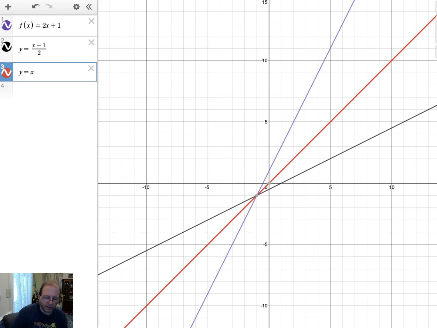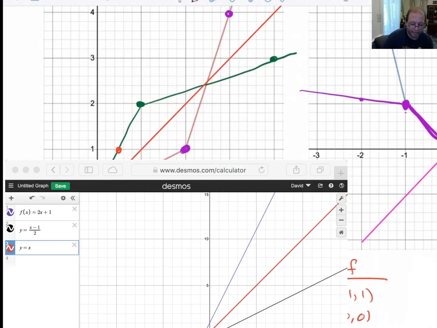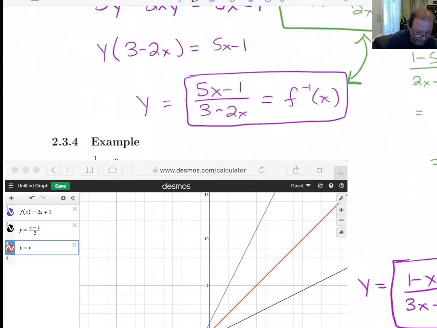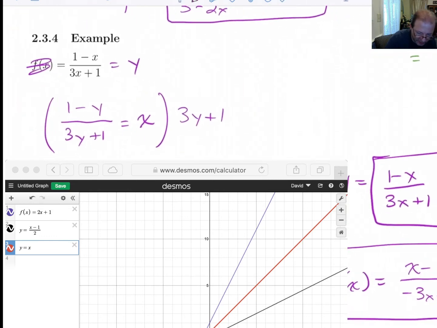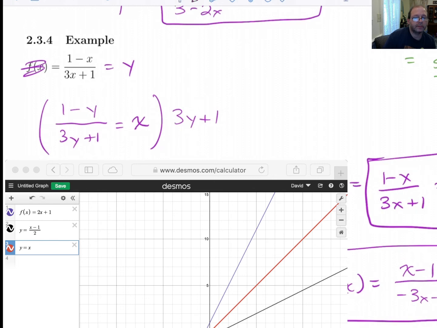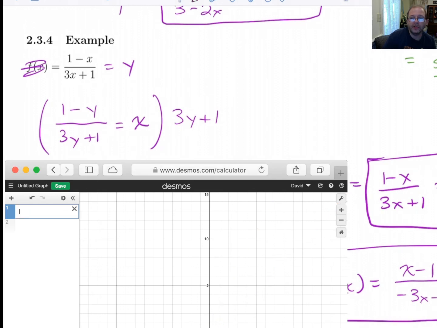Let's go back and put in one of the uglier problems that we did earlier. Let's do this example. Our original graph was y equals (1 minus x) over (3x plus 1).